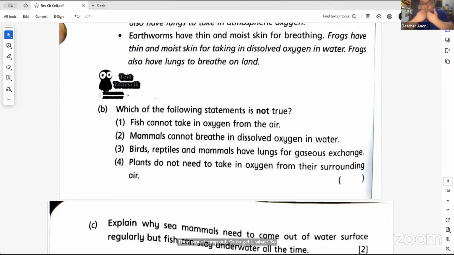Fish use gills to take in the dissolved oxygen in water. Mammals have lungs, we don't have gills, so we cannot breathe in the dissolved oxygen. Birds, reptiles and mammals have lungs, yes, but plants need oxygen from the surrounding air. Therefore, the answer is number 4.